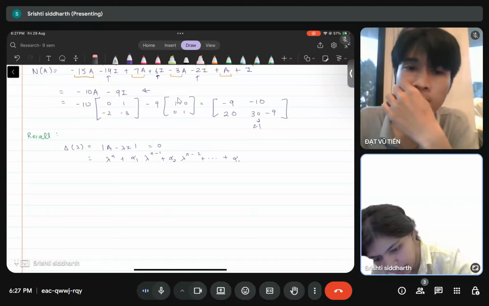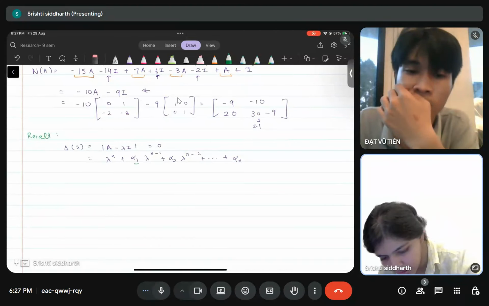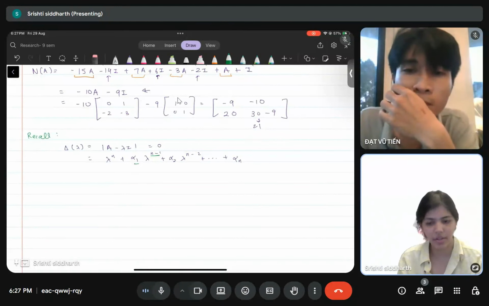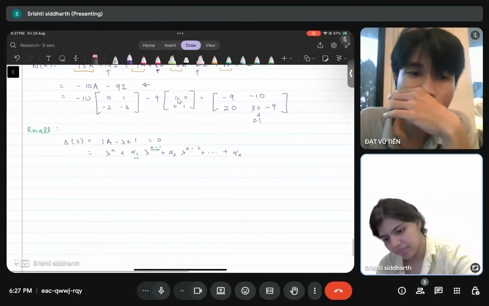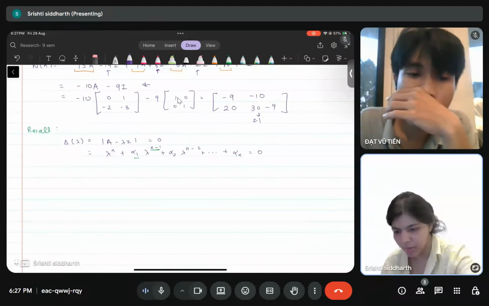The last term would be alpha n. So I have chosen coefficients such that this added with this equals 0. This is the characteristic polynomial.